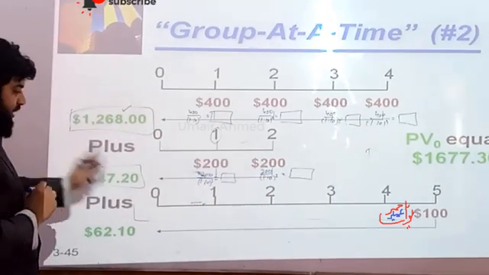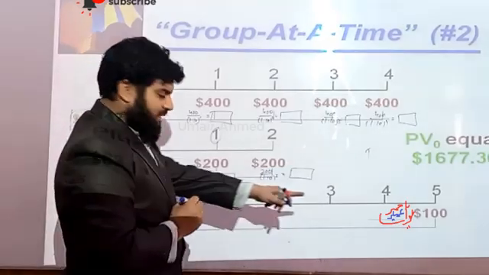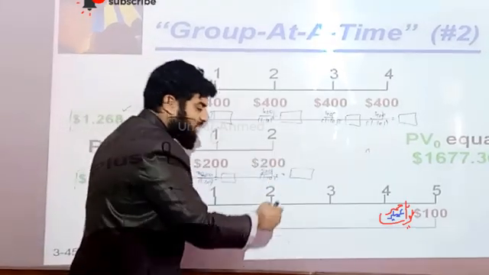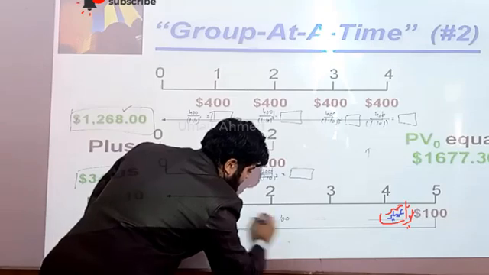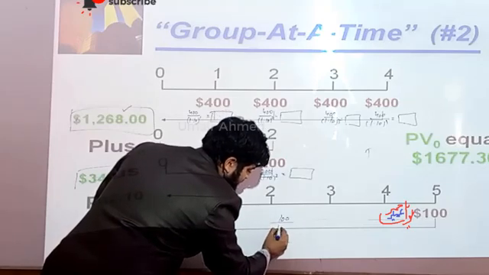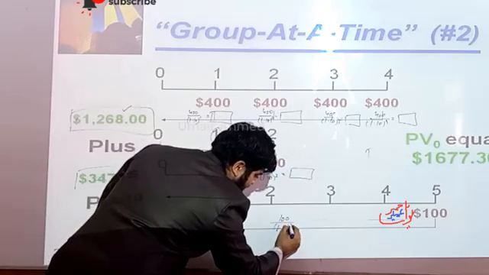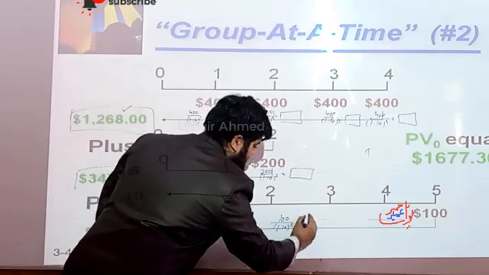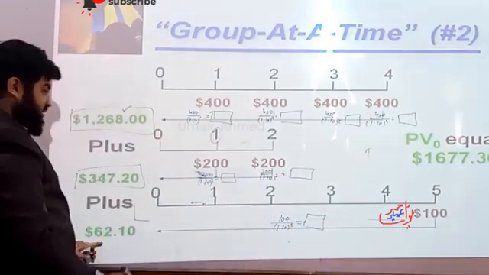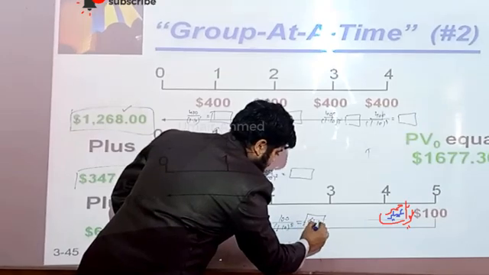And at the end you have a single cash flow, but it is after 5 years. So how to calculate it? Simply 1.10 to the power 5. So you will get this value, which is shown to you, 62.10.